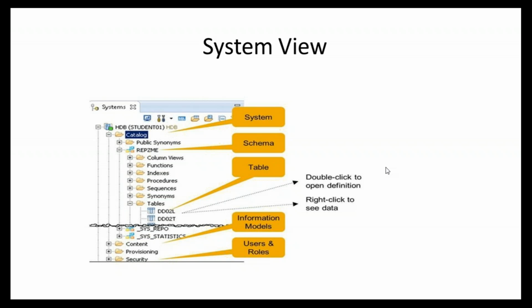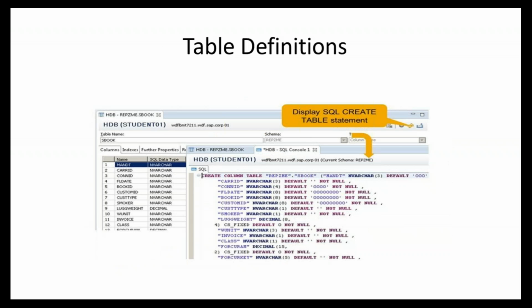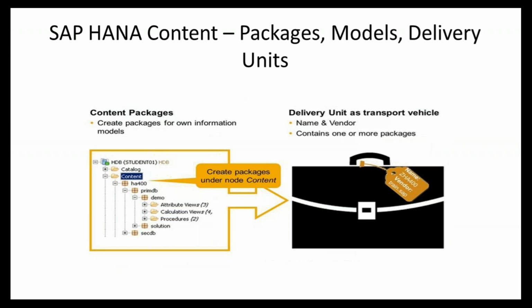Only thing is, everything will be empty, and we need to create the tables and all. Under the contents, we'll have views, attribute views, analytical views, calculation views, and procedures.